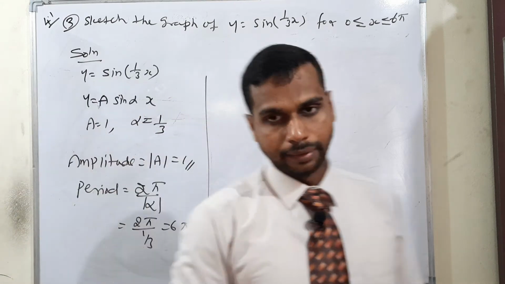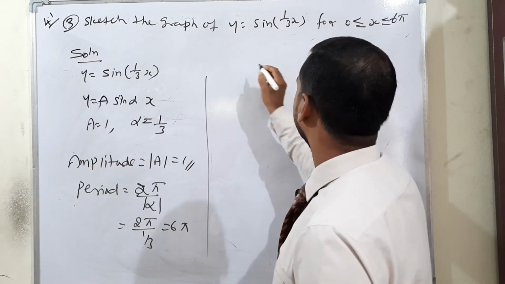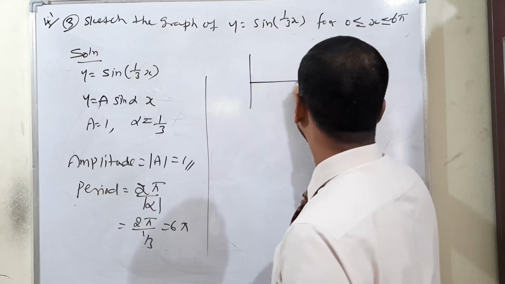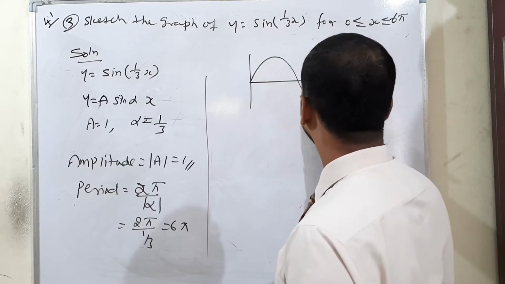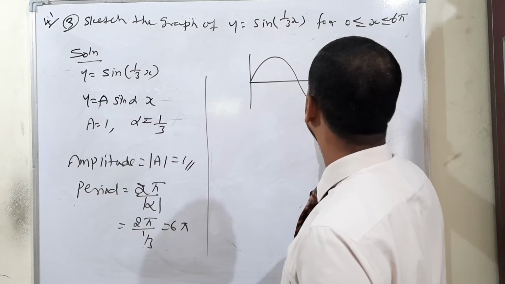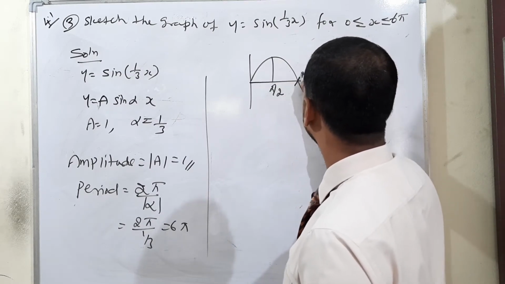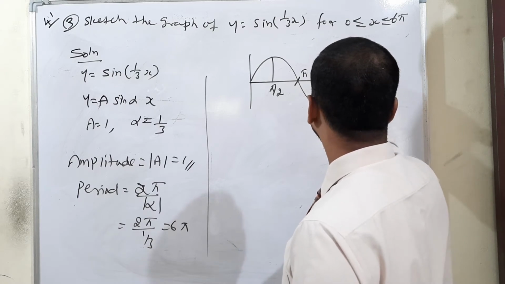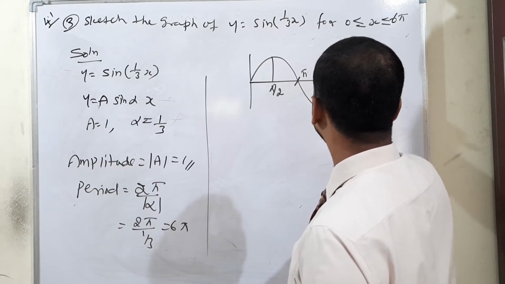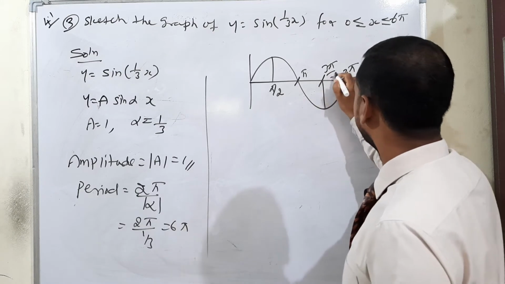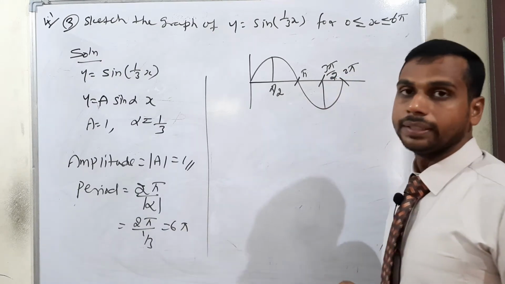So normally the sine graph, this is called pi by 2, this is called pi, this is called 2 pi, this is called 3 pi by 2. That's what I am saying, each and every interval it will be increasing by pi by 2.